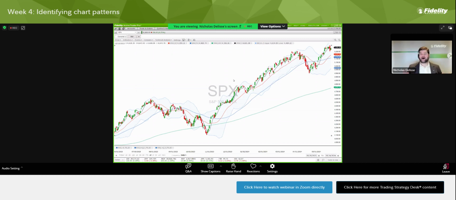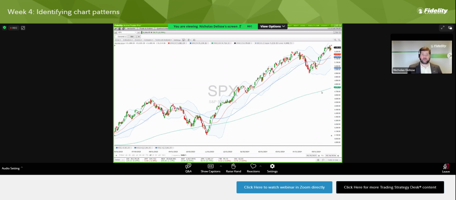Kind of going back on what we talked about previously, what are our trend indicators saying? Well, our trend indicators are showing us prices above the 5 period, the 20 period, the 50 period, and the 200 period. All 3 of these are sloping upwards.